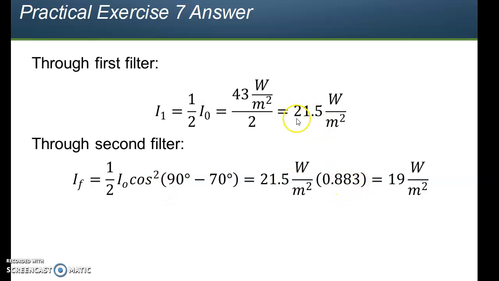The intensity that is incident on that is what you calculated here, so it's 21.5 watts per square meter times this factor right here to give you 19 watts per square meter. These are essentially equation 33-36 for this one and 33-38 for this one, and these are on page 987.